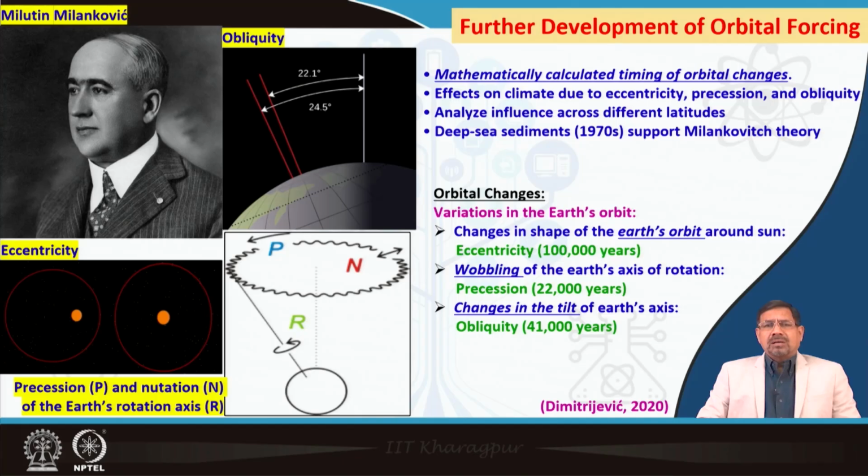Then the third one, which I will take later, is the wobble. The wobble is coming because of the Earth's rotation. We all have played with a spinning top during our childhood days. So, Earth's wobble, you can see in the middle lower figure, is explained by the term precession. The precession takes a cycle of 22,000 years.